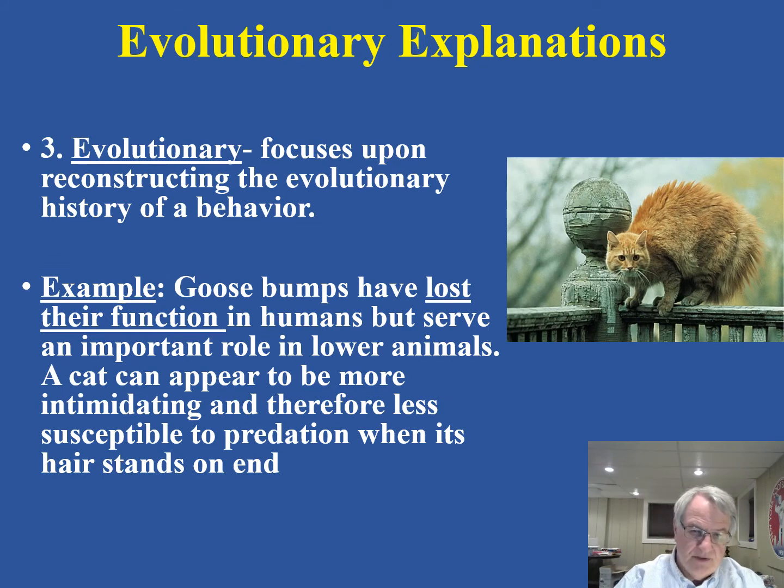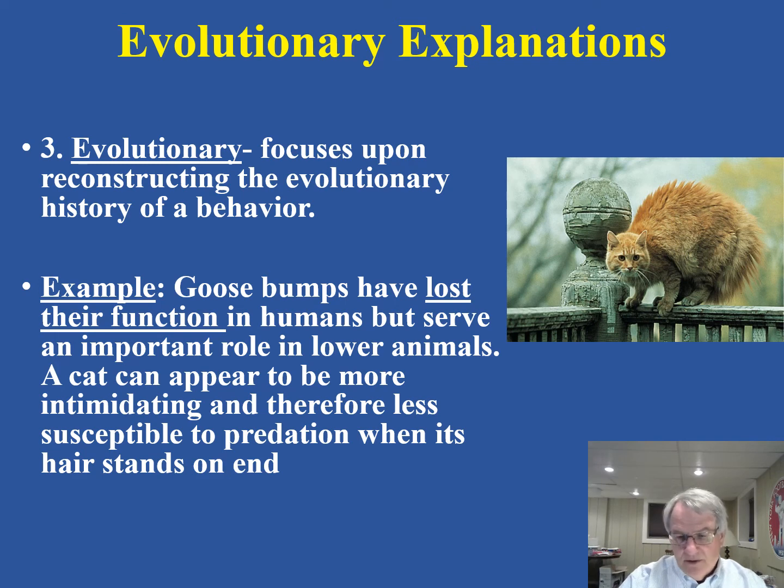Another explanation, a third level of explanation, is what we would call the evolutionary explanation. There are pressures that occur over the course of evolution that force those mechanisms to either develop or not develop in terms of many aspects of our behavior.